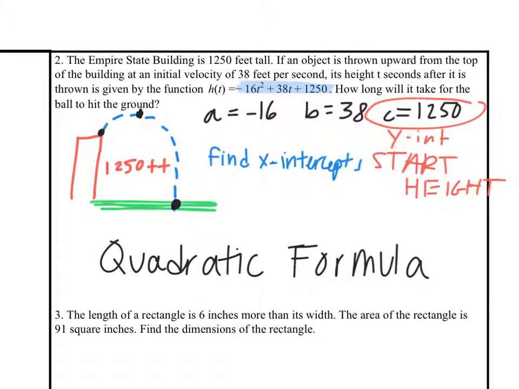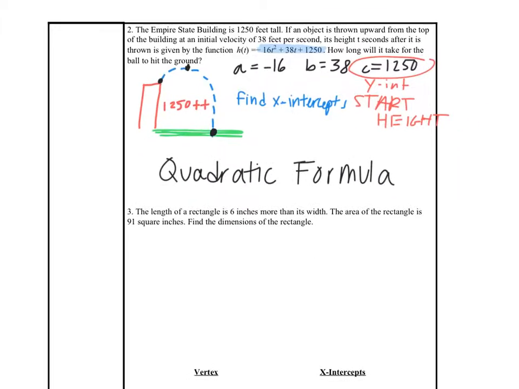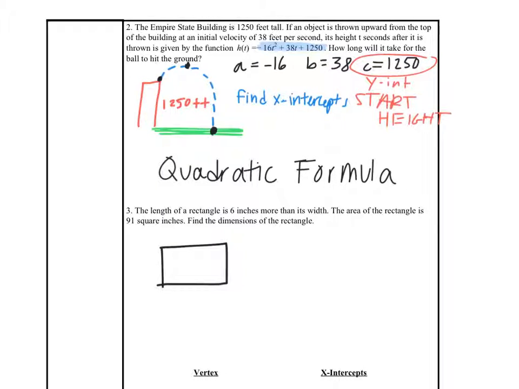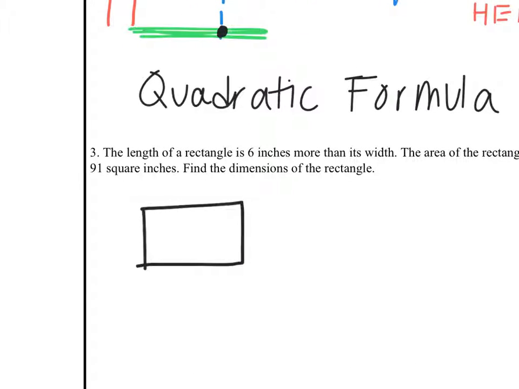Okay, and then the last thing, you got a rectangle. The length of the rectangle is 6 more than its width. So draw a picture. The length is 6 more than the width. So here's my width.